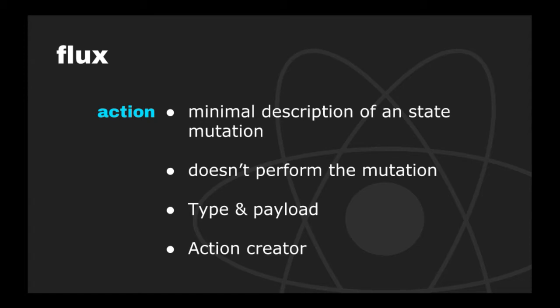So first, let's try to describe what an action really is. An action is a minimal description of the state mutation, which means imagine that an action is just a plain JavaScript object, which is going to have a type and a payload, and the type is going to describe which kind of mutation we are going to perform on a state, and it doesn't actually perform the mutation, it just describes the mutation.